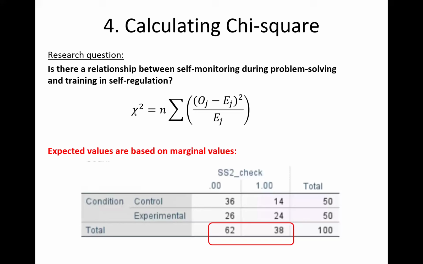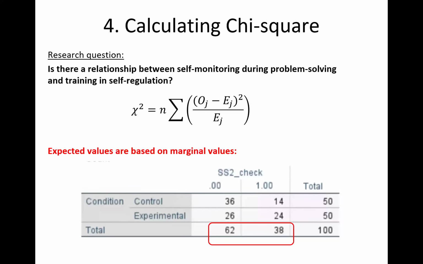If you expected that there was no relationship between checking and being in a condition, then regardless of what group people were in, 62 out of the 100 people did not check.